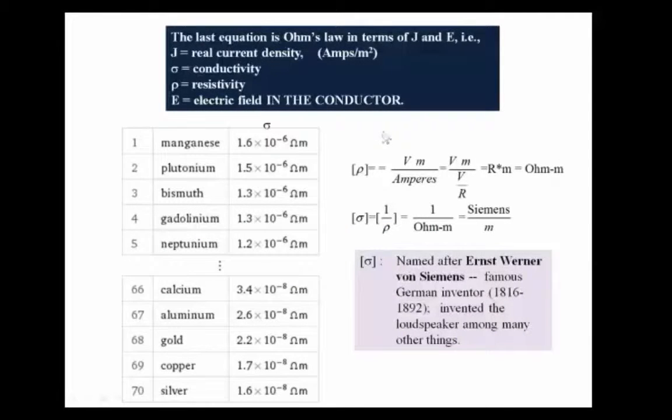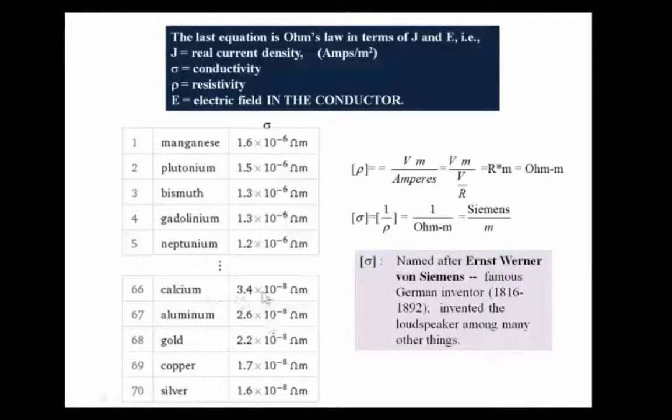Here are some values of sigma for metals, and so if you have a very high value of sigma, then it conducts current very easily. If you have lower values, then you would consider it a more resistive material. Remember, you take the reciprocal to get the resistivity. So let's see which one has basically the highest sigma. It looks like it's this one right here, so metallic calcium.